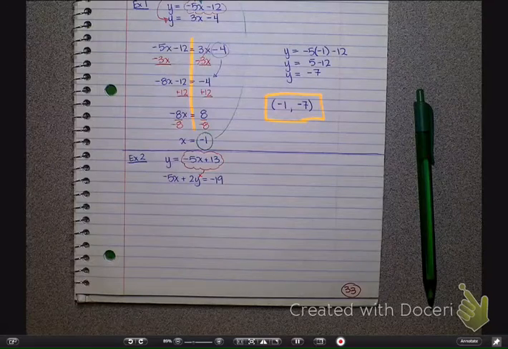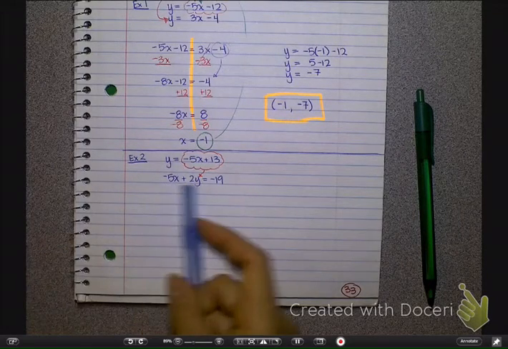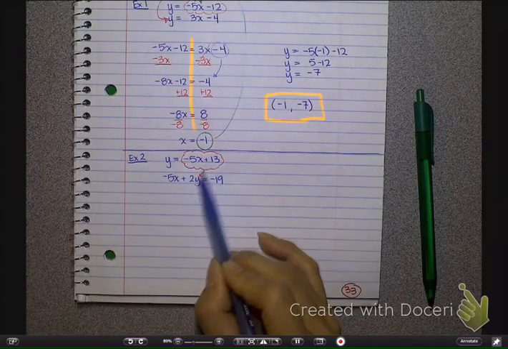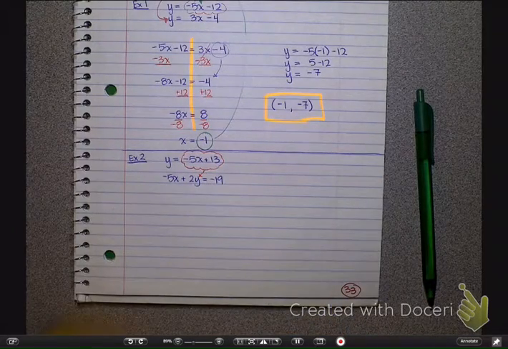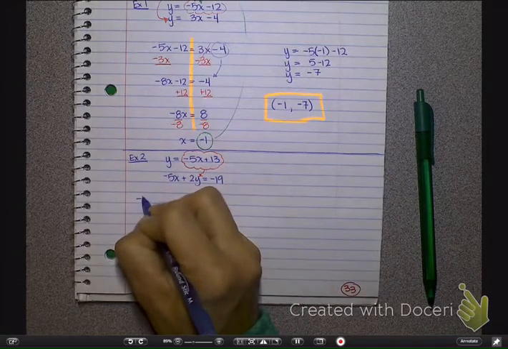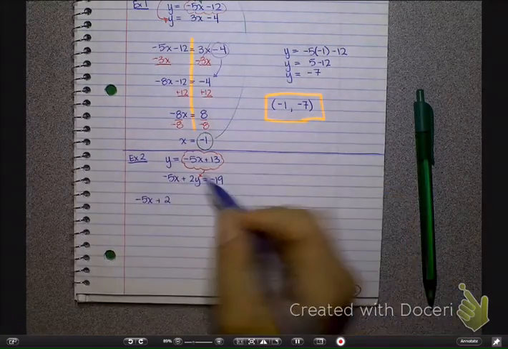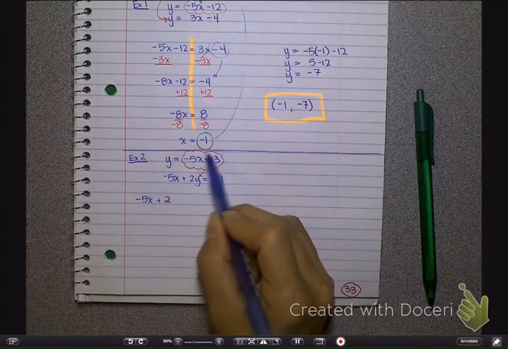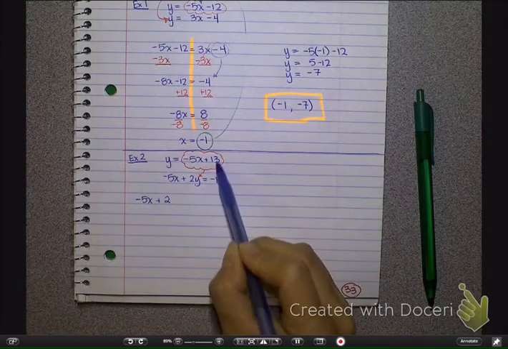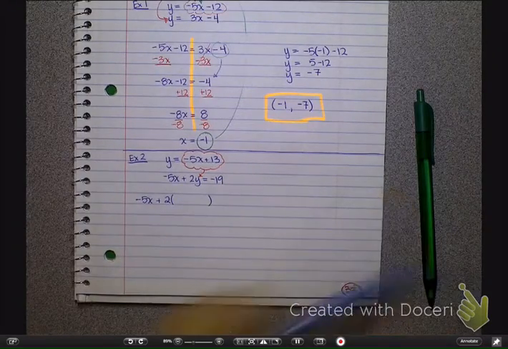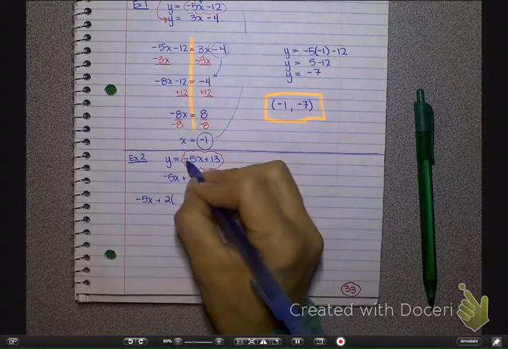Okay? So now what I'm going to do is I'm going to rewrite this second equation using this whole thing in the spot for y. So here's what it's going to look like. Negative 5x plus 2 times this whole thing. Well, if I want to multiply 2 times this whole thing, I need to put it in parentheses because I'm multiplying it by everything here.